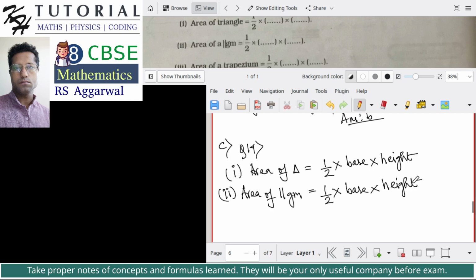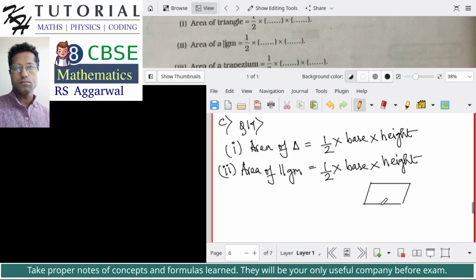Area of a parallelogram, half into base into height, where if I remember correctly, if this is a parallelogram, then this can be a base.